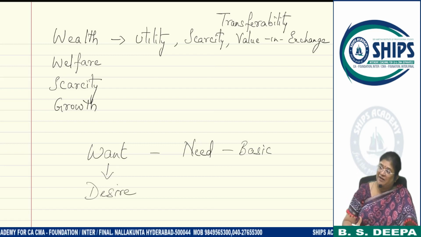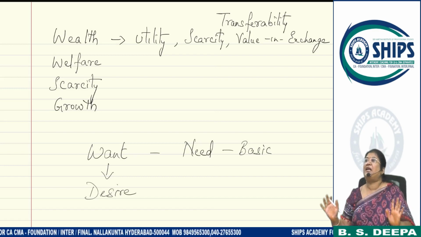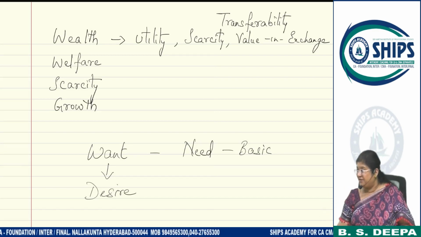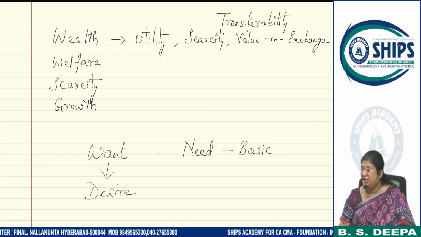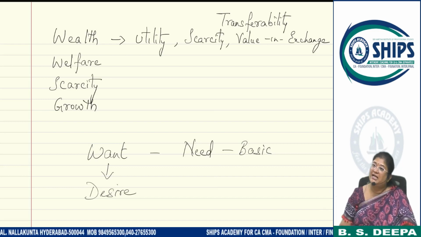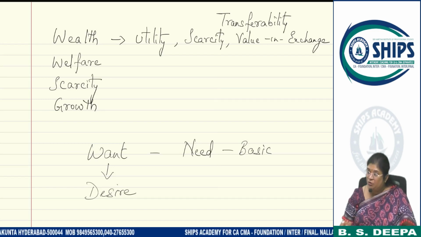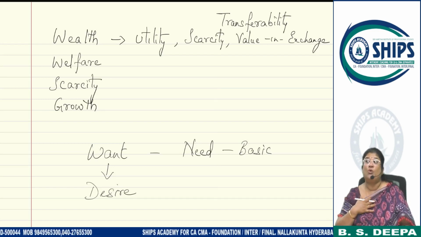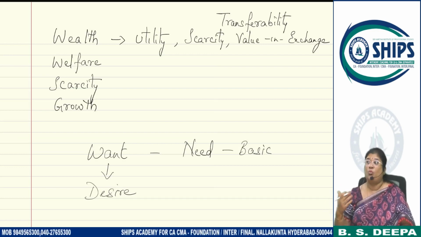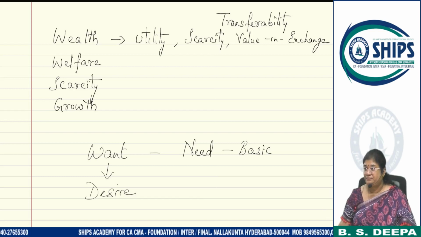If we satisfy our wants, then we get completely content. So when we are talking about utility here, what you have to understand is that any commodity which has the capacity to satisfy our want, not just need, our want, is said to have utility.